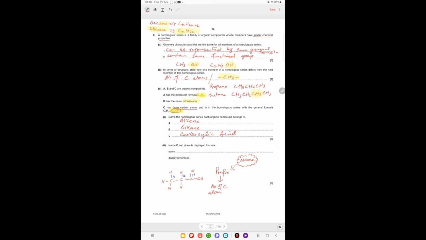Here we have three carbon atoms, so the first part of the name is going to be prop, and then the suffix, I mean the last part of the name, depends upon the type of functional group. Here we can see that this compound contains a carboxylic functional group, and we use this suffix for carboxylic acids, so its name is going to be propanoic acid.